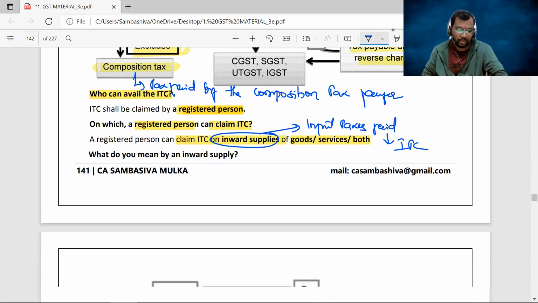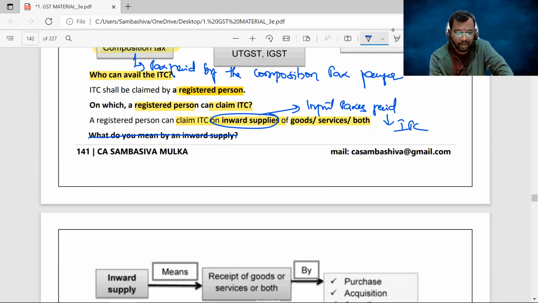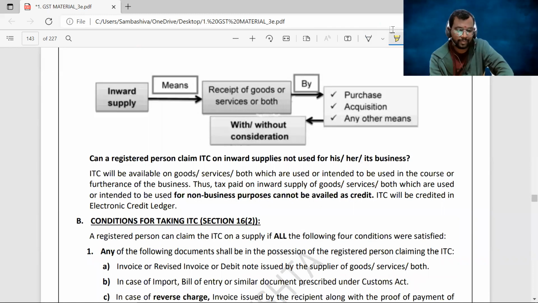Next, what do you mean by an inward supply? Look at the definition. Inward supply means receipt of goods or services or both by purchase, acquisition or any other means, with or without consideration. Inward supplies are nothing but purchase of input goods, purchase of capital goods or receipt of services.